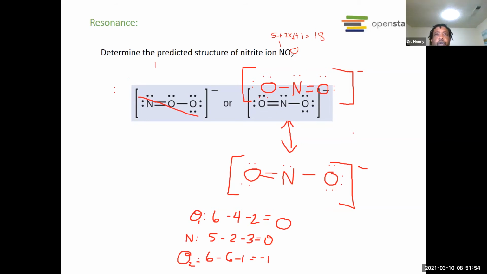Let's say, for instance, carbon dioxide. Just trying to think of one off the top of my head. We could do carbon dioxide like this, or we can do carbon dioxide like this.